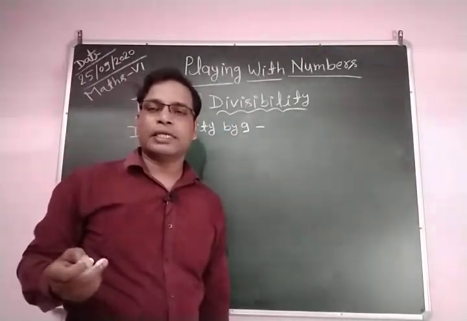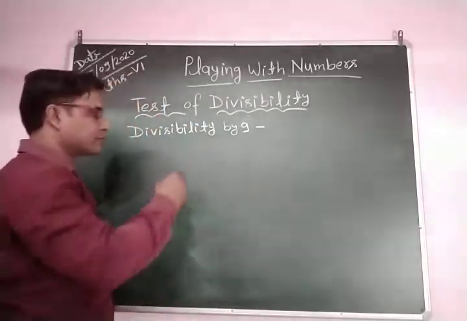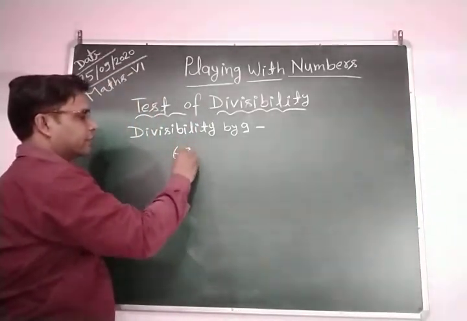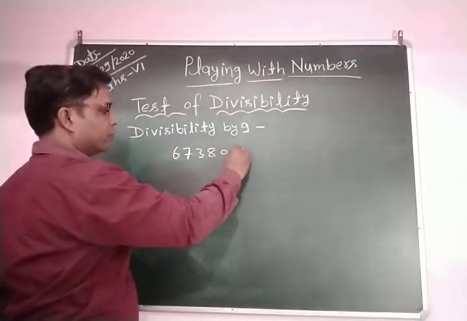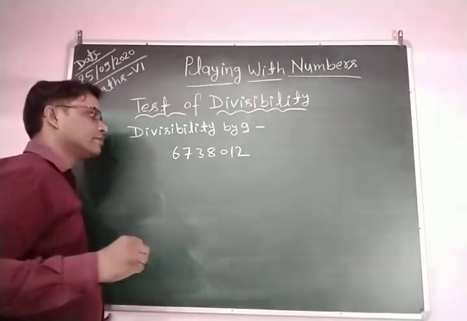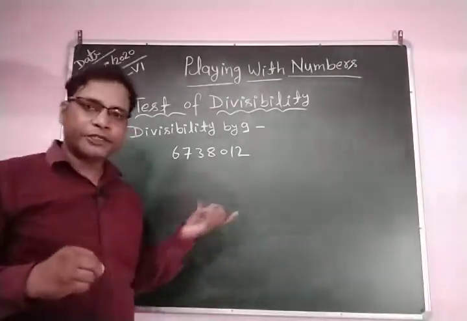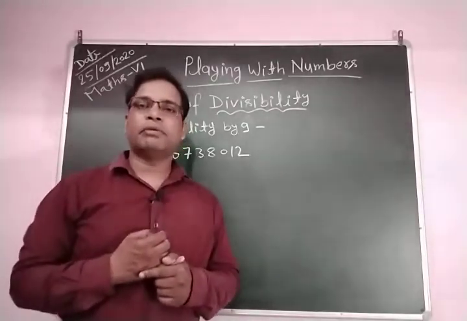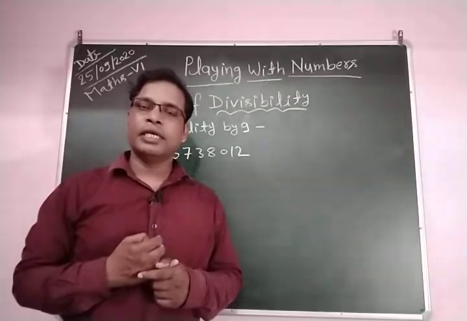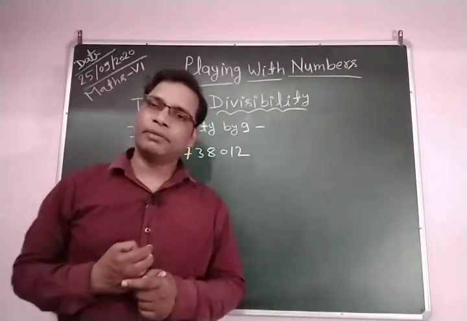You can take some examples. Take 6,738,012. Is this number divisible by 9 or not? How do we know? First we find the sum of digits of the number. If the sum of digits of the number is divisible by 9, then you can say the given number is divisible by 9.